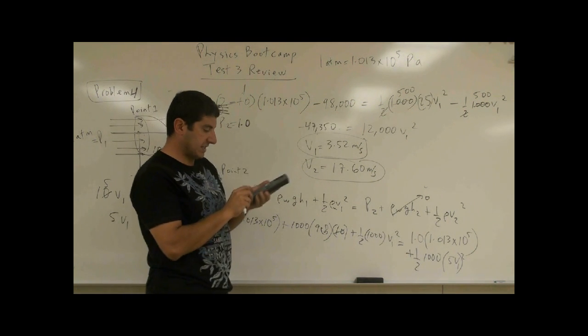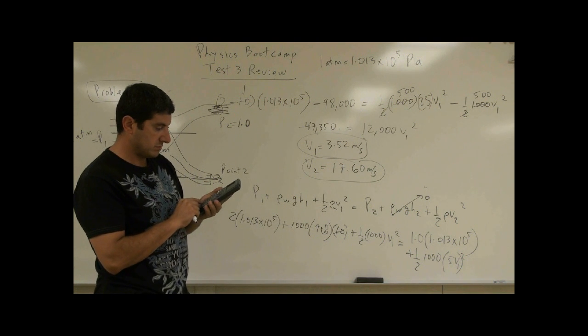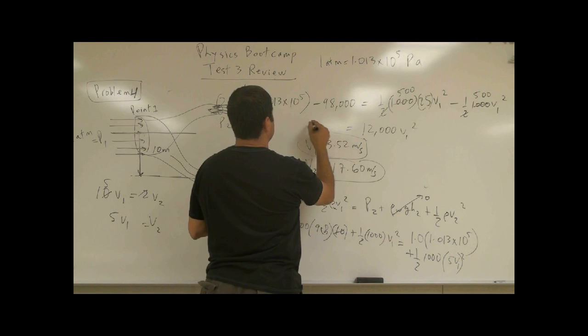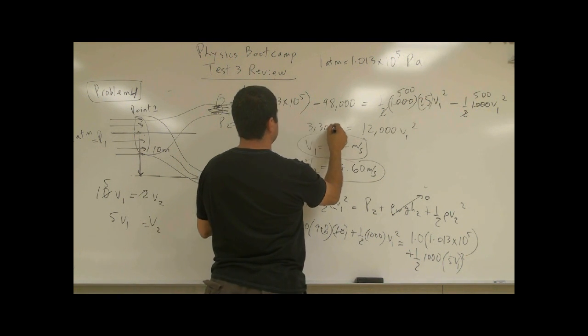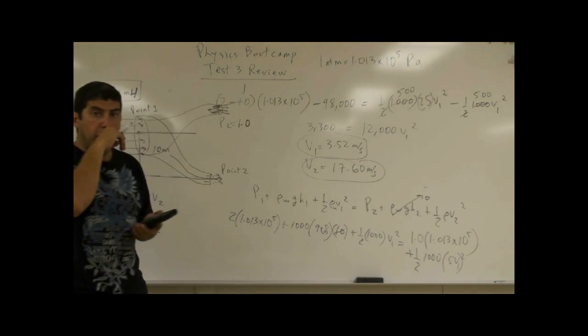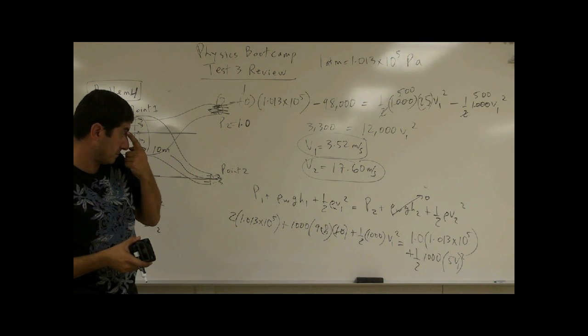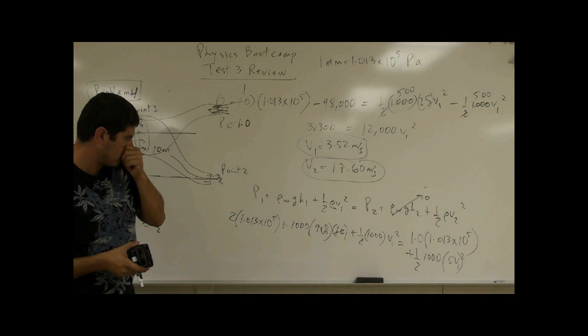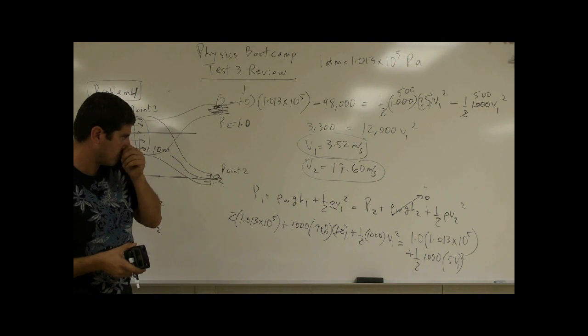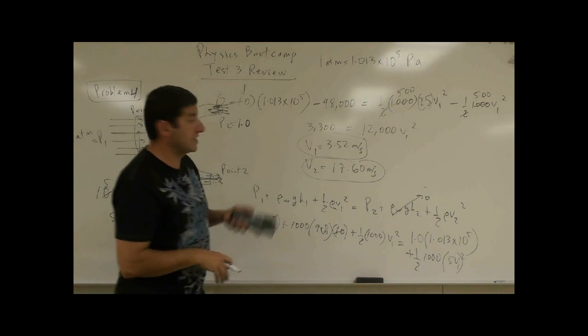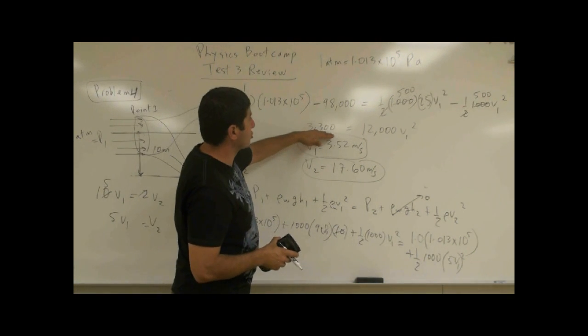This number minus 98,000. It's going to be a small number. 3,300.